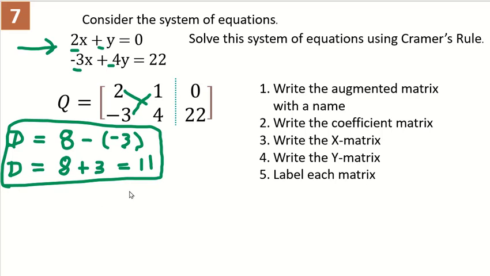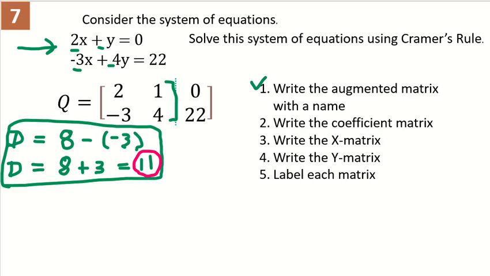So remember what the determinant is. All right, so we did step number 1. Okay. I didn't really write the coefficient matrix. I just kind of looked at it from here. Coefficient matrix is 2, 1, negative 3, and 4. Okay. And then I took the determinant of that. Let me change my pen color. The determinant is a positive 11.